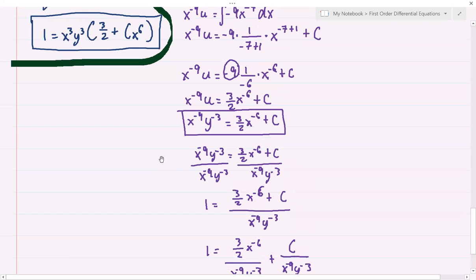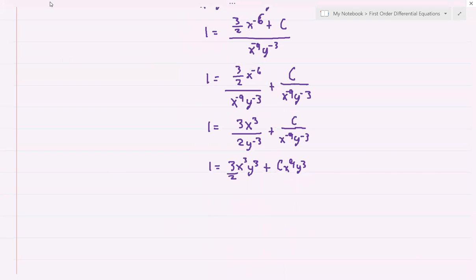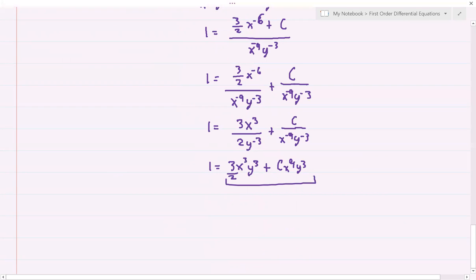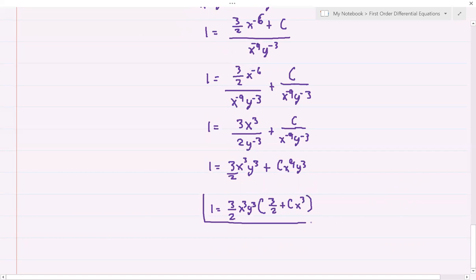All right. So in here, we can factor out x cubed and y cubed on this expression. So we will have 3 halves times x cubed times y cubed times quantity 3 halves plus c times x cubed.